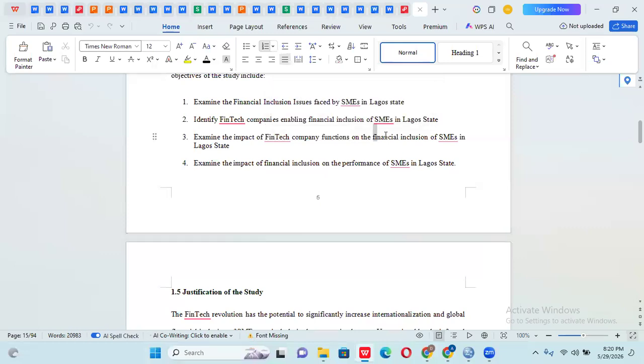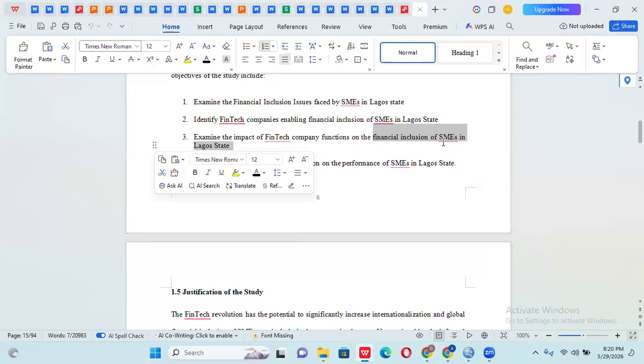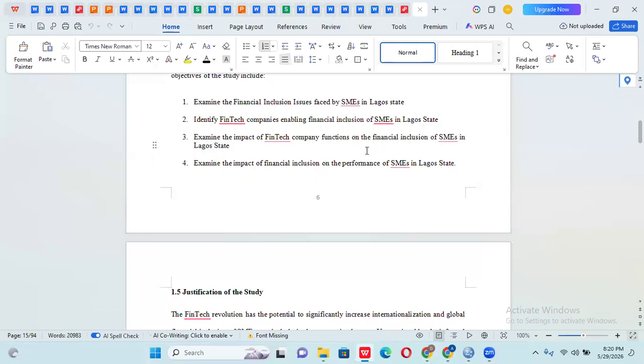Financial inclusion of SMEs is another variable. So you say examine the impact of this variable on this variable. Automatically we have 2 variables: fintech company functions and financial inclusion of SMEs. Impact of the first one against the second one. So we have 2 variables there.